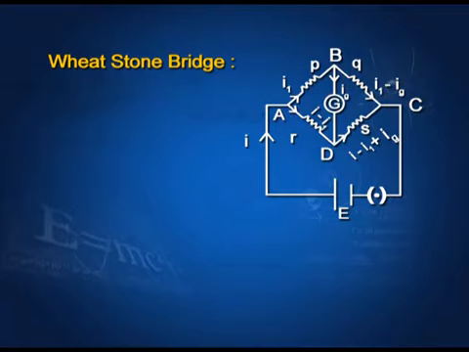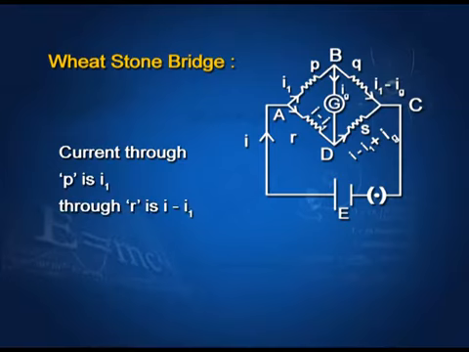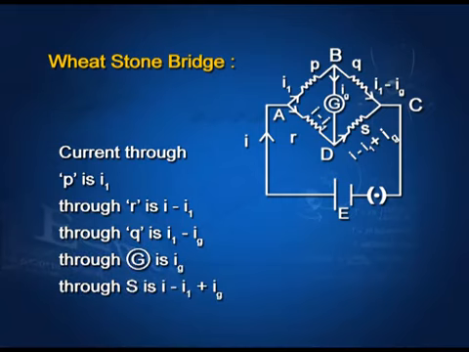If current from the cell is I, current through P is I1, then current through resistance R is I minus I1. If point B is at high potential, then current through the galvanometer is Ig as shown in the diagram. Then current through resistance Q is I1 minus Ig and current through the resistance S is I minus I1 plus Ig.